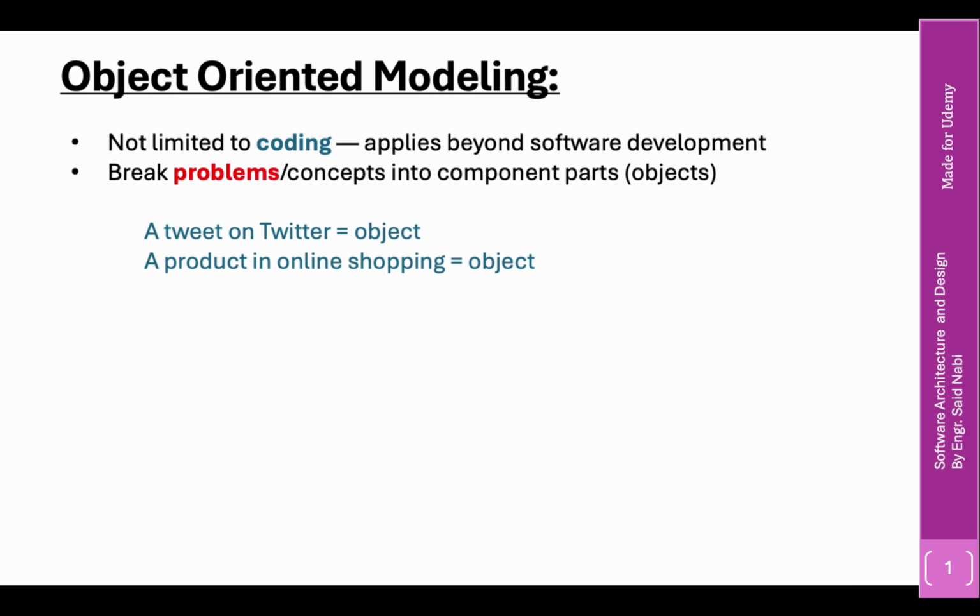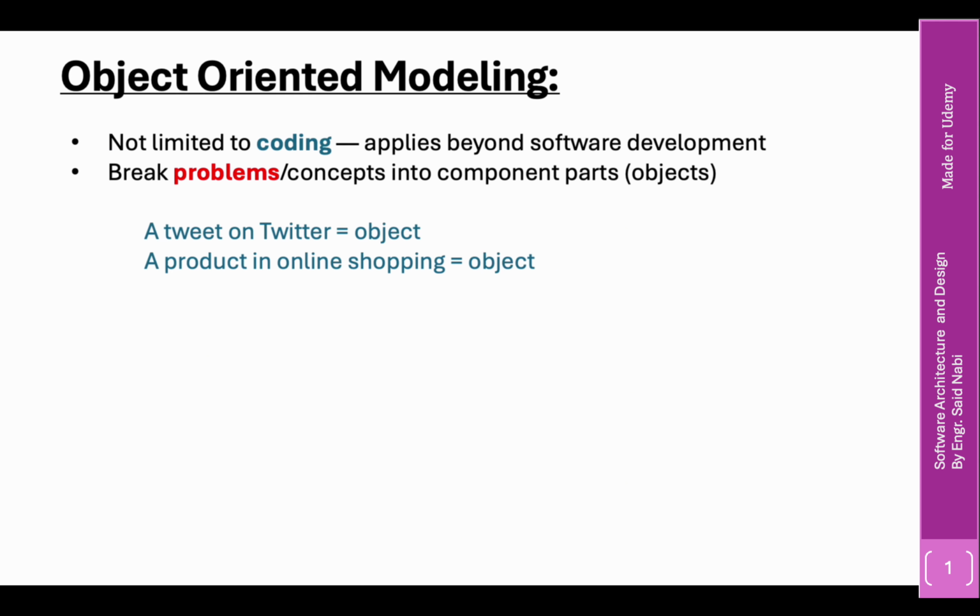Similarly, if you want to buy something using an online shop, the product that you see could be considered as an object, and the title of the product, description, prices, images, reviews. So these are what we call the attributes of the product.